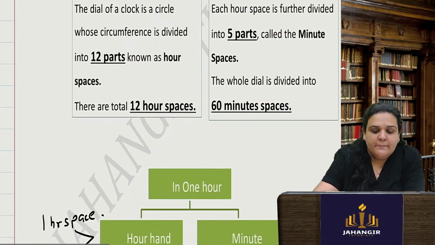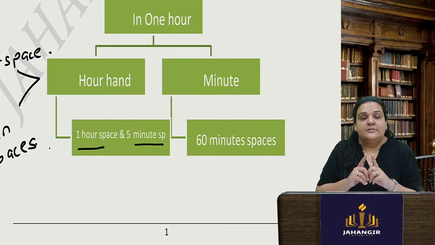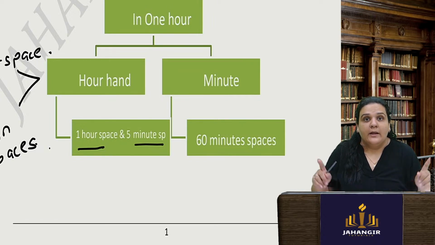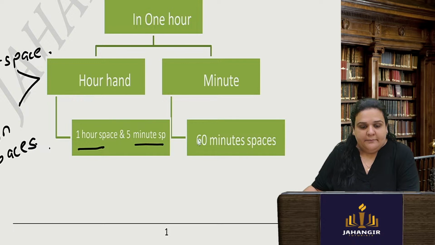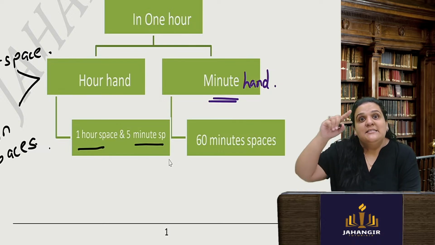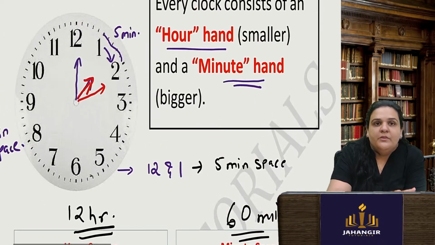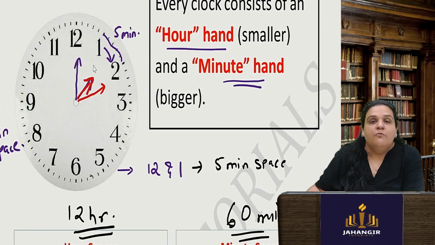Similarly, now for the minute hand, in 1 hour, the minute hand will move how many minute spaces? 60 minute spaces. It is going to complete the entire round for 1 hour from 1 to 2.